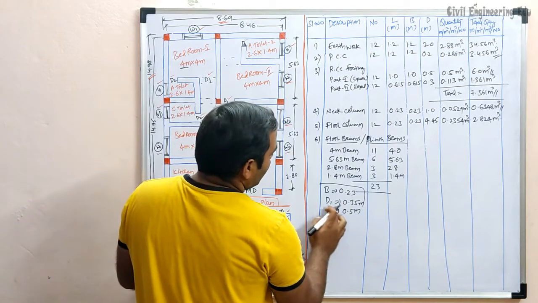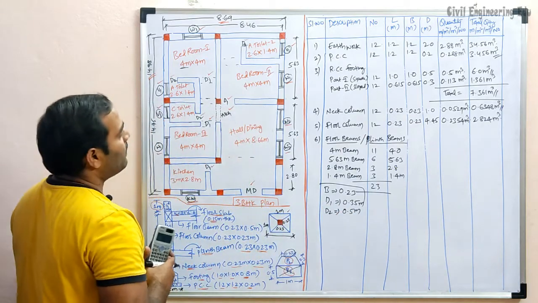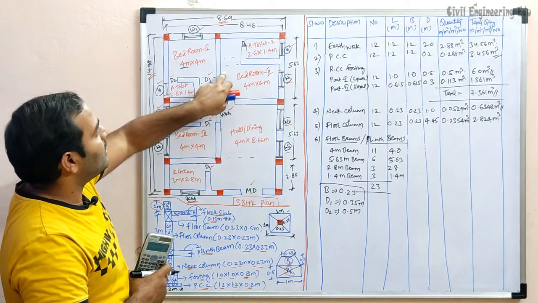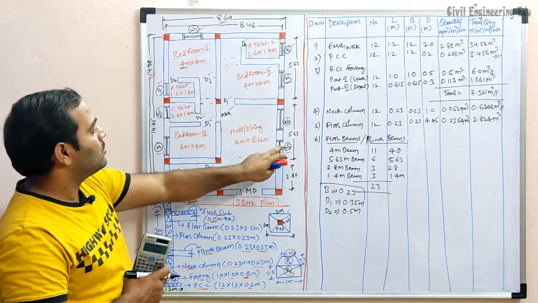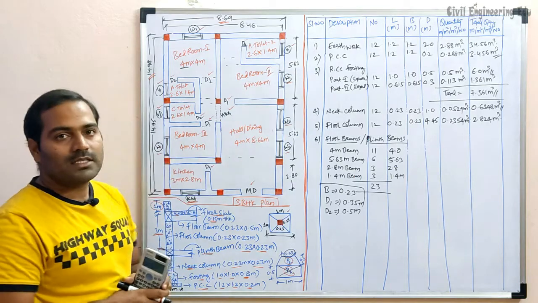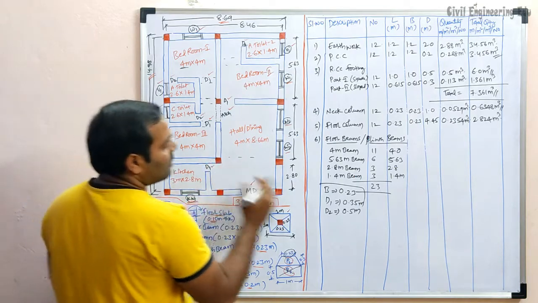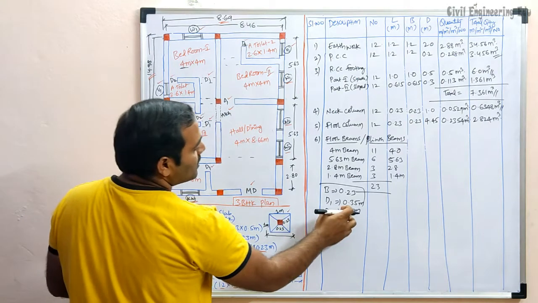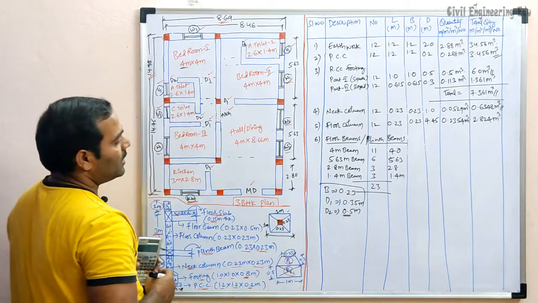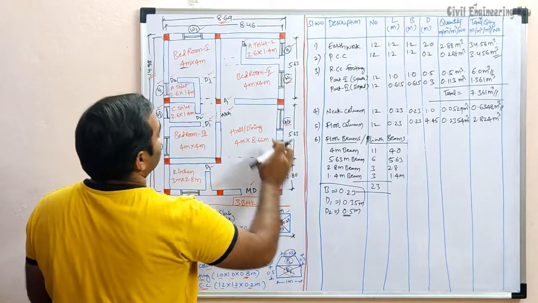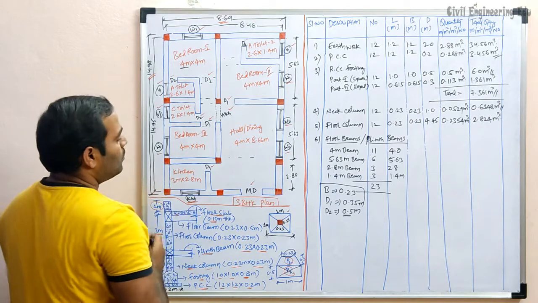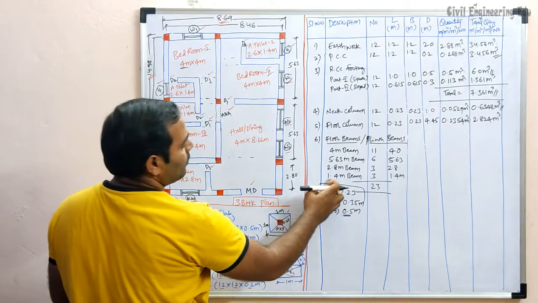Depth 1 is what I am providing except for the long beams. This is one long beam, this is another long beam, and this is the next one. So here, here and here, total 6 long beams are there. For the 6 long beams I have taken 500 mm depth. For all remaining beams I have taken 350 mm depth, that is the 4 meter beams, the 2.8 meter beams and the 1.4 meter beams.